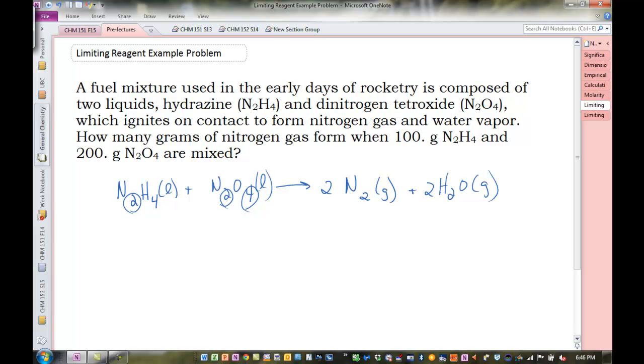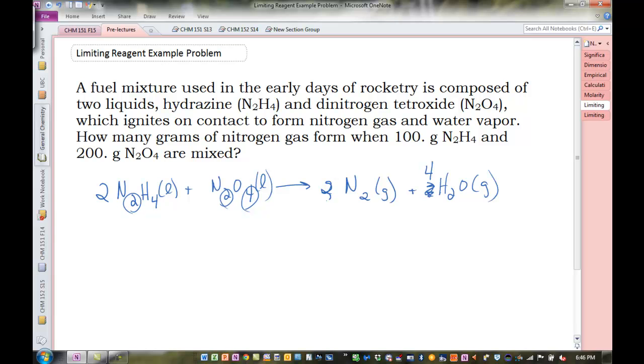In this case, we see there's 4 oxygens. Well, the only way to get 4 oxygens is now to put a 4 in front of the water. Okay. Now that's going to give us 8 hydrogens. So I'm going to have to put a 2 over here. And now 2 times 2 is 4 plus 2 is 6 nitrogens.